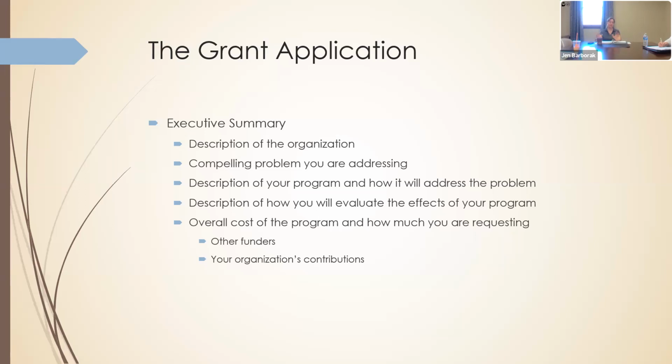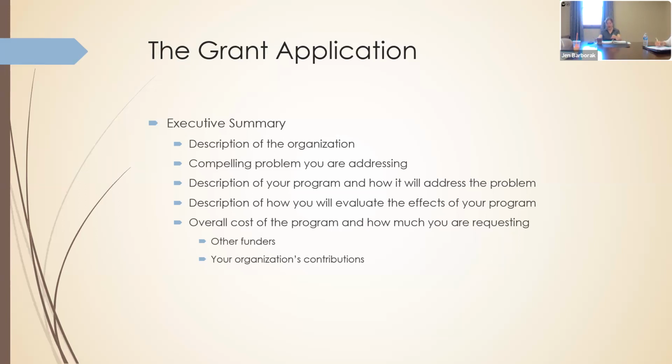Like I said, it should be brief. It should briefly touch on each piece of your grant application. Just simply overall, here's our organization, here's our program, here's our budget, here's how we're going to measure our goals and objectives, and how we're going to ensure that we get the job done.